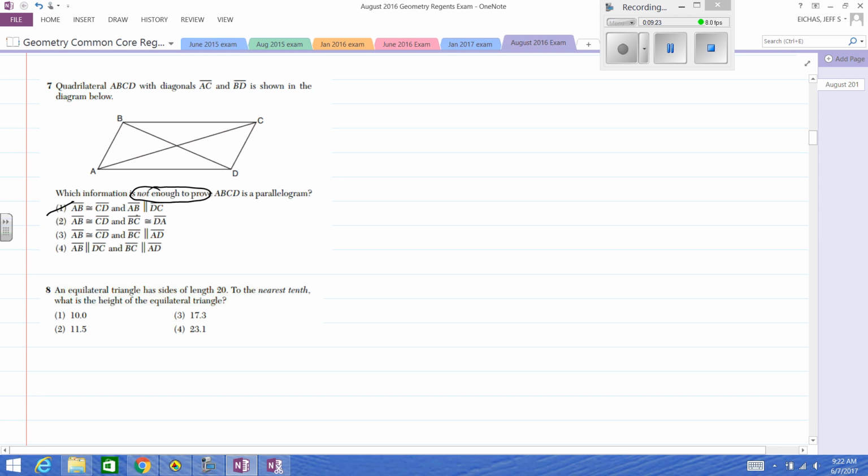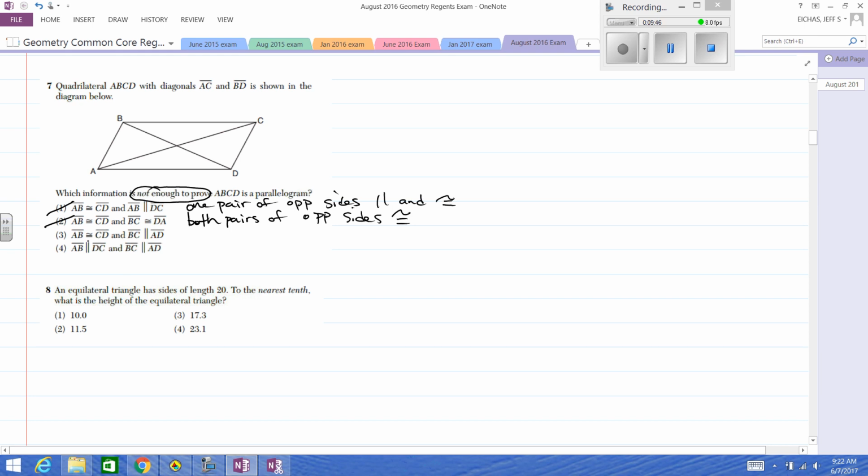Both pairs of opposite sides congruent, that is enough. So you have to get rid of it, because we want not enough.